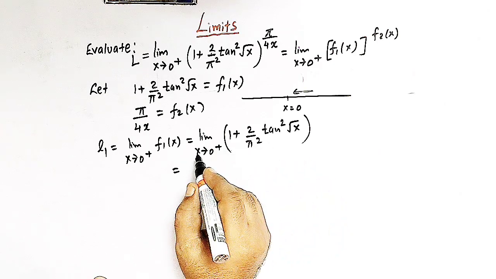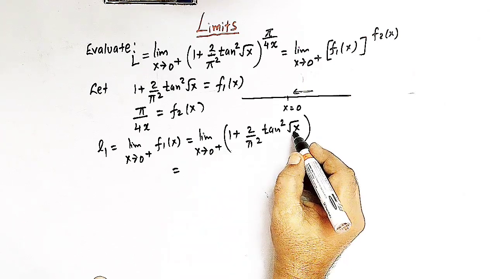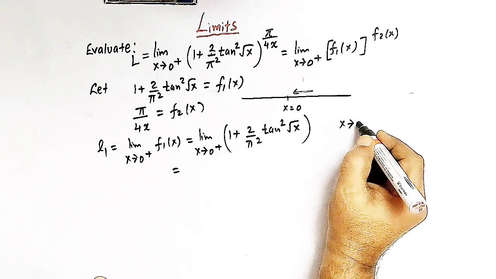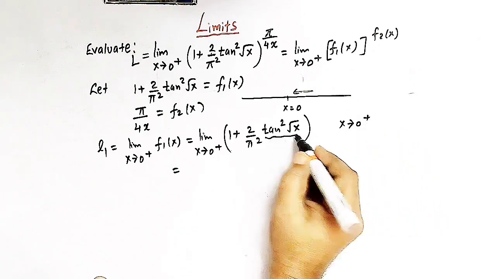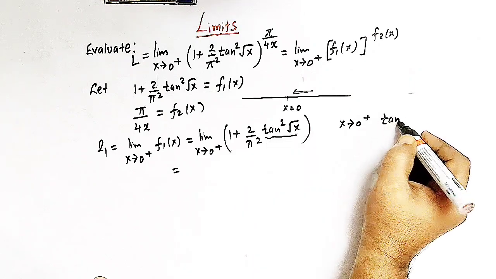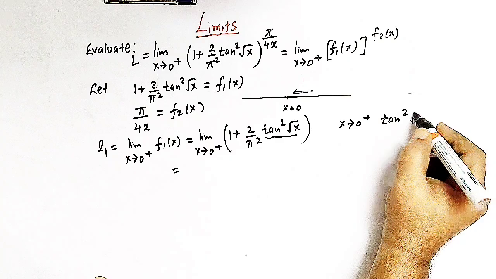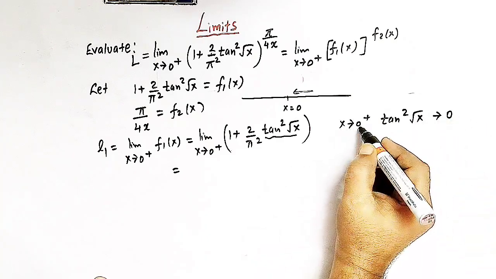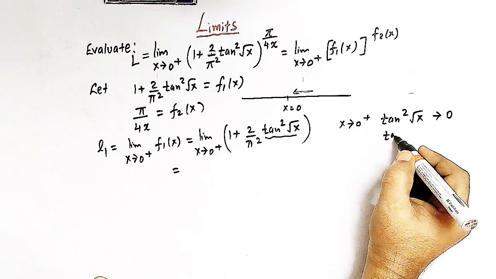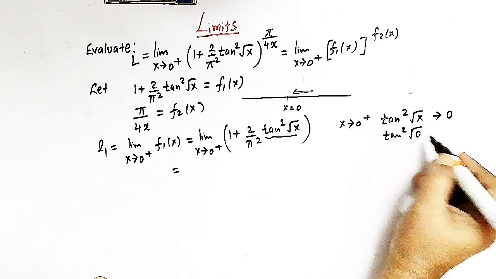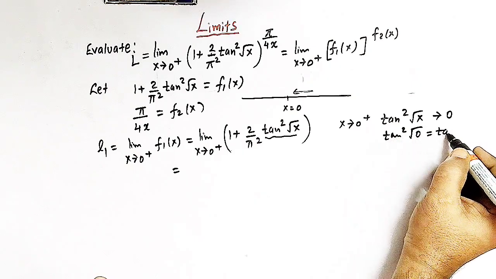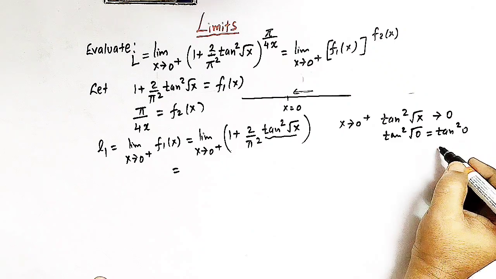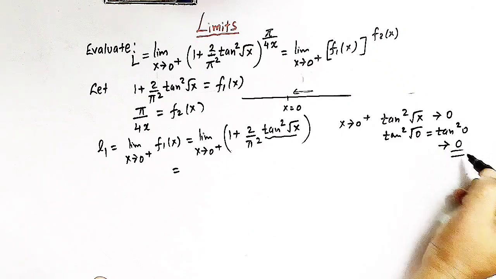So when x tends to 0, we can see that this expression, tan²√x, tends to 0 because x is tending to 0.